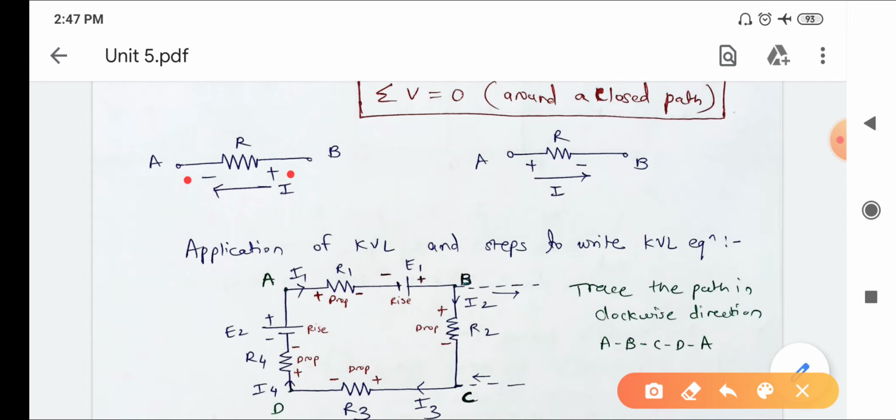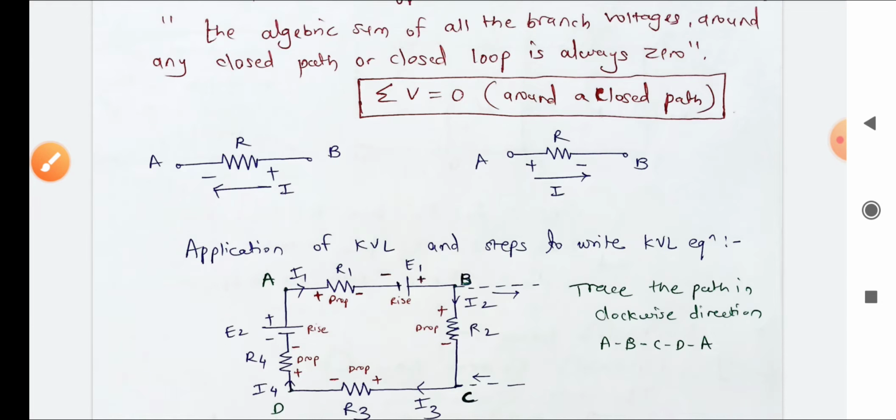In the second figure, as the current flows from A to B, that is from higher potential to lower potential, terminal A is marked as positive and terminal B is marked as negative. So this is how we give sign convention. The polarities of the voltage across a resistor depend on the direction of the current flowing through it, and therefore the polarities are assigned depending on the current direction.